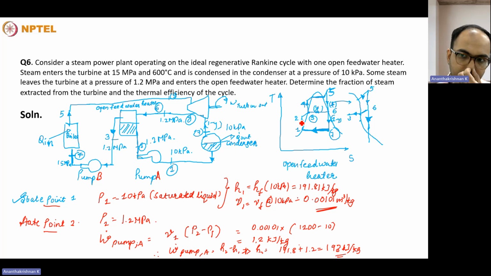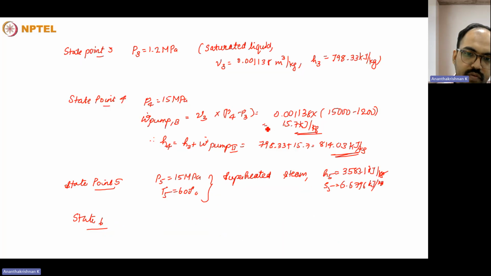So we do not know currently, so we have to use the same method that we applied in the previous case, where we calculate the entropy at state point 5 and say that state point 5 and state point 6 will have the same entropies, and then solve accordingly. So state point 6 will have the same entropy as state point 5, that will be 6.6796 kilojoule per kilogram Kelvin.